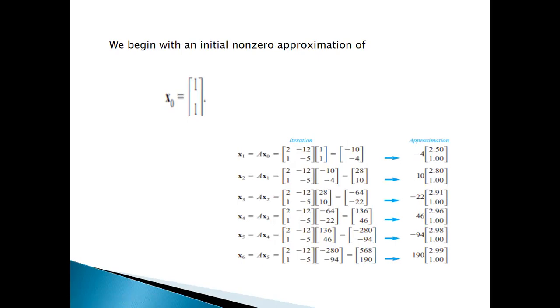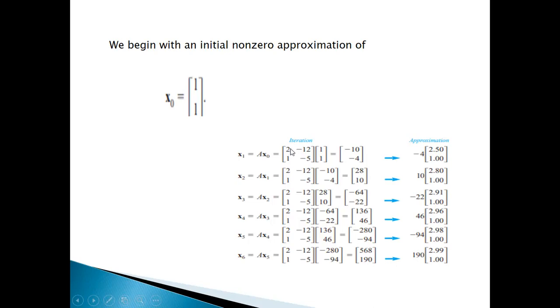Now begin the solution procedure. First iteration: x1 is equal to A into x naught, where A is the matrix and x naught is the non-zero approximation.